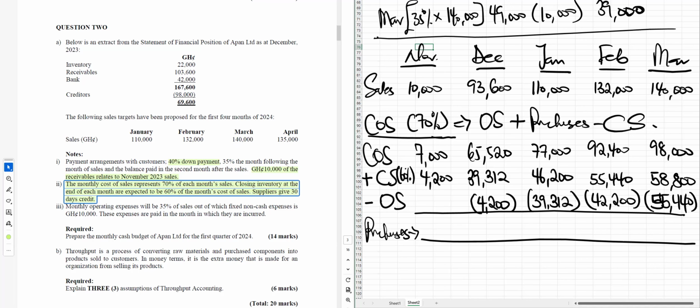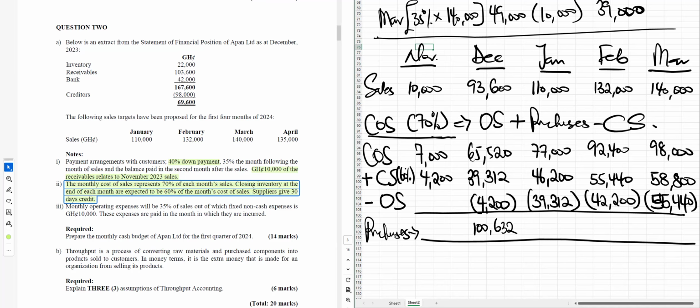So what do we get for the purchases? For December, we have 100,632.